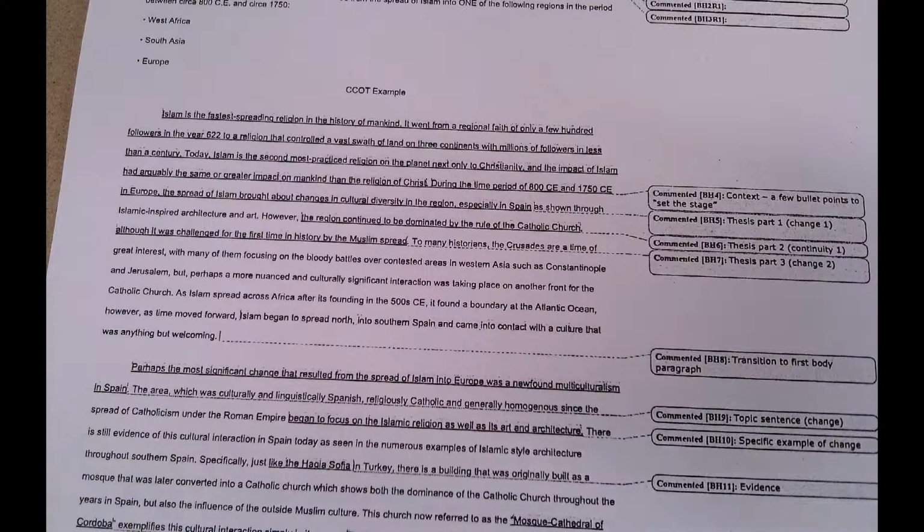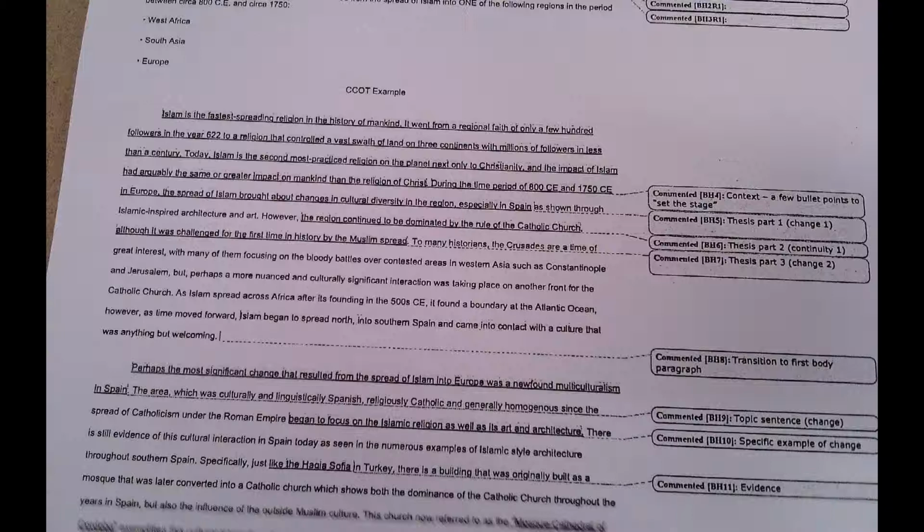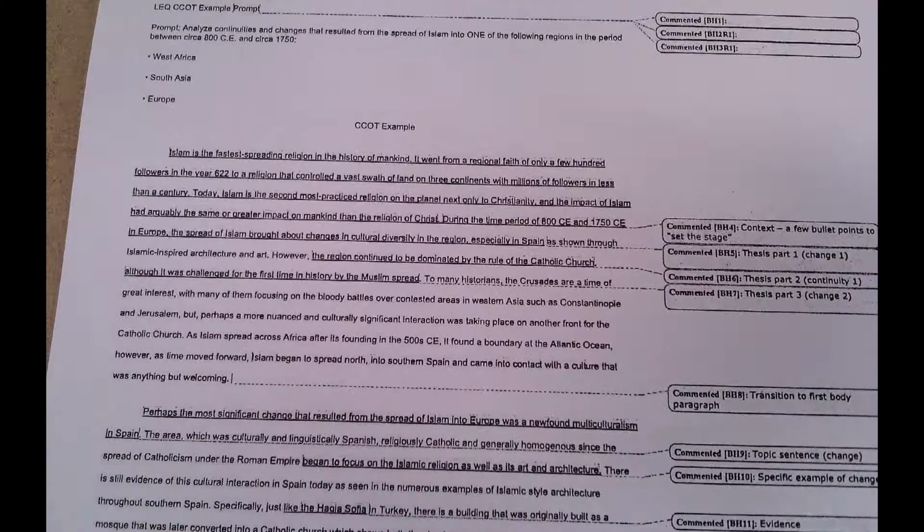What's going on in the world, what's happening before I start talking about this. And the prompt is continuities and changes that resulted from the spread of Islam. Okay? And it lets me choose between or among West Africa, South Asia, and Europe.